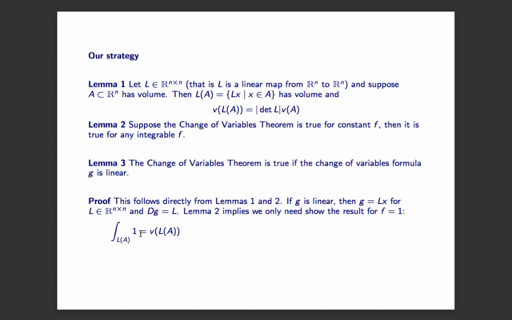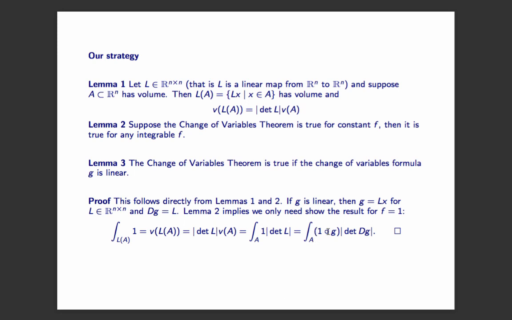Well, if f is equal to 1, the integral in the change of variables theorem of 1 over L of A is just the volume of L of A. And lemma 1 tells me that that's equal to the determinant of L times the volume of A. And of course, the volume of A is just the integral over A of 1 times this constant, the determinant of L, which was already there.